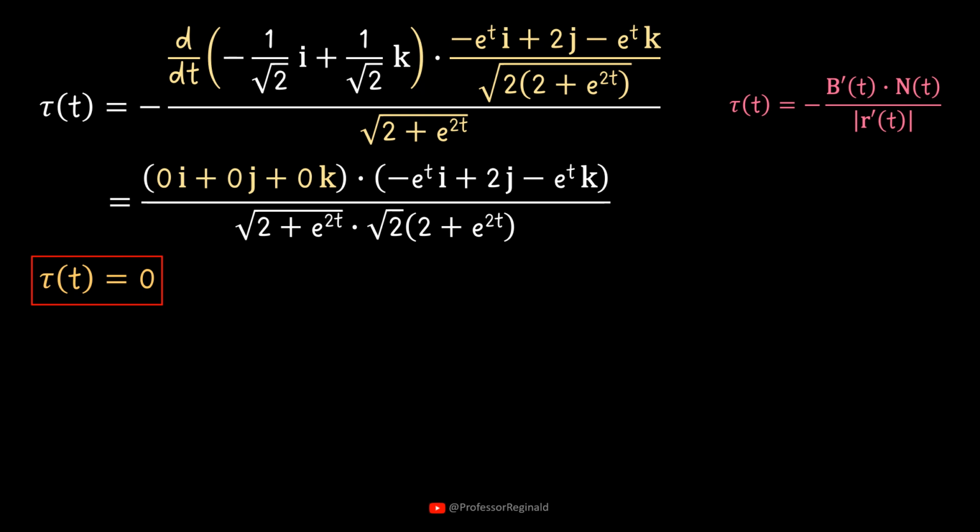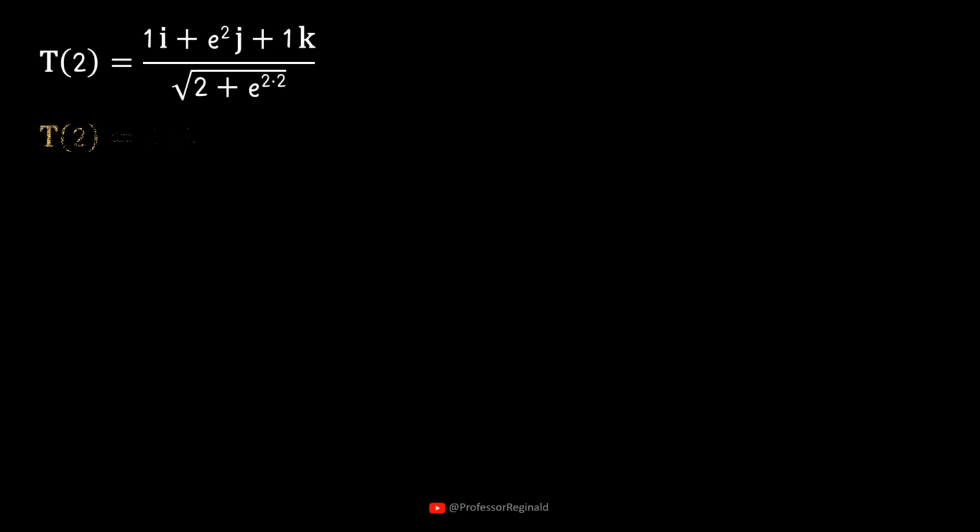Because we now have the expressions for the unit tangent and unit normal vectors, we can compute their values anywhere on the space curve. Substitute t equals 2 into the expression of the unit tangent vector. Therefore, this is the unit tangent vector where t equals 2.